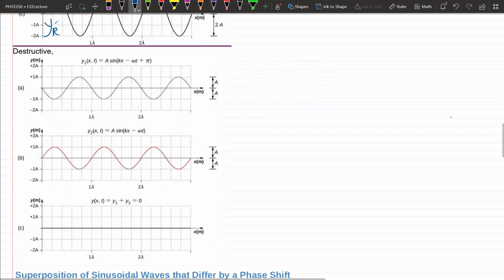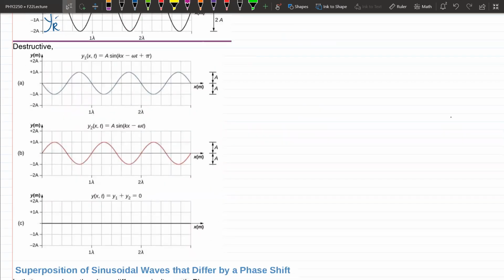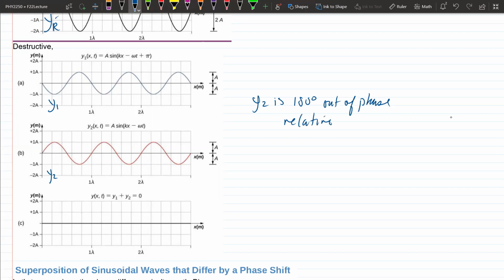So from our analogy of what I said about noise canceling headphones, what you can do is actually have a wave y1 and y2, but y2 here is 180 degrees out of phase relative to y1.